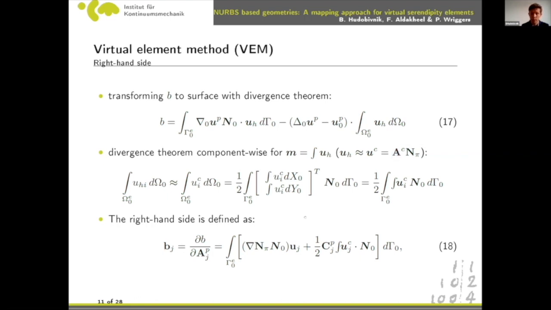And we will use this, and we can then integrate UC over the area or over the edge again.